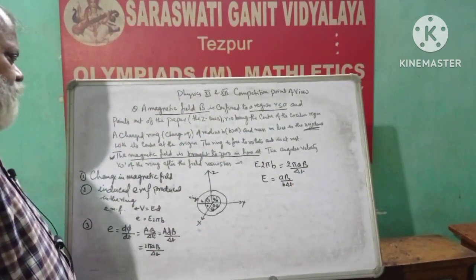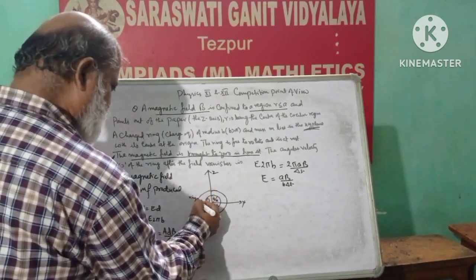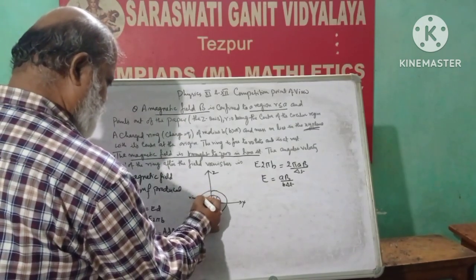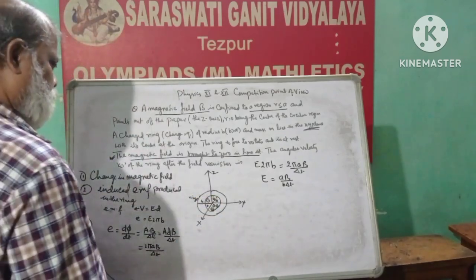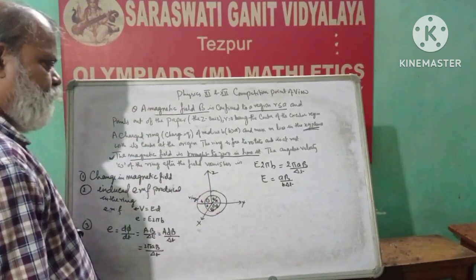So here again you see that when current is flowing through this coil, that means this ring, that means an electric field is produced.